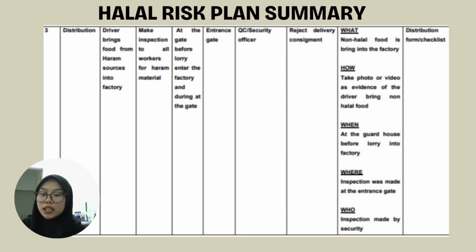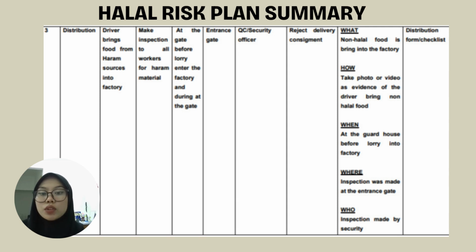Okay. The last process flow that we chose is distribution, where a driver might bring their food from non-halal sources into the factory. How we want to prevent it is we need to make inspections of all workers to stop them from bringing any haram material.